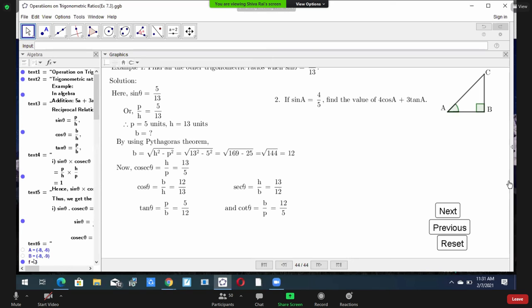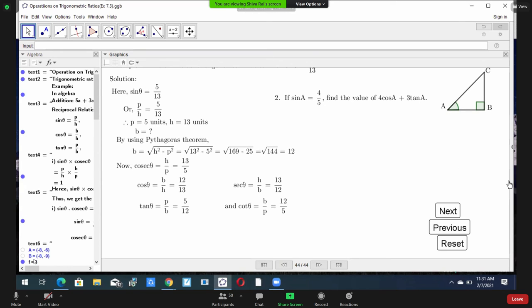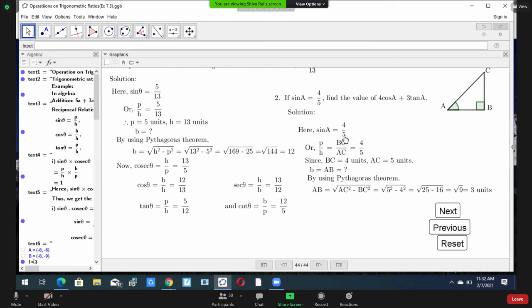So if the angle is the angle of reference, then you know which is perpendicular, which is base, which is hypotenuse. Okay, now let's see its solution from the given. Here sin A equal to 4 upon 5. You have to use the relation of sin theta. Sin A also is the same thing, P upon H, perpendicular upon hypotenuse.